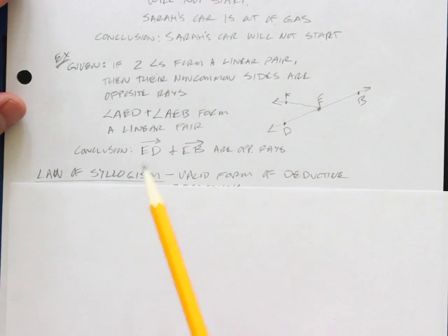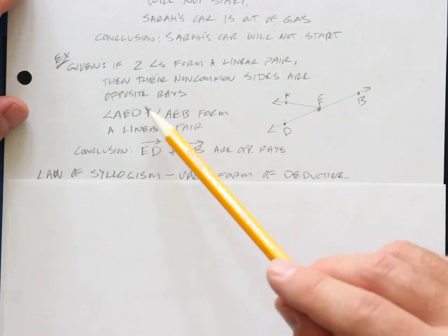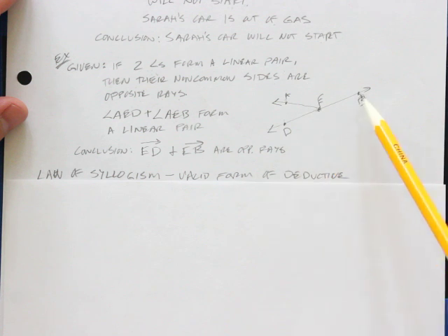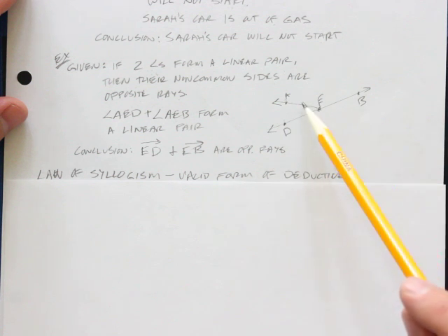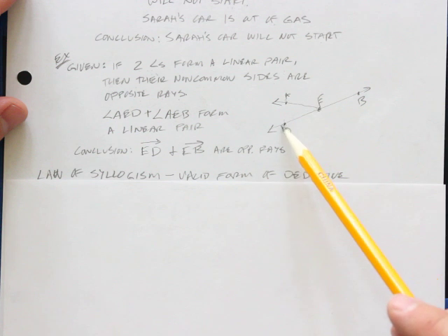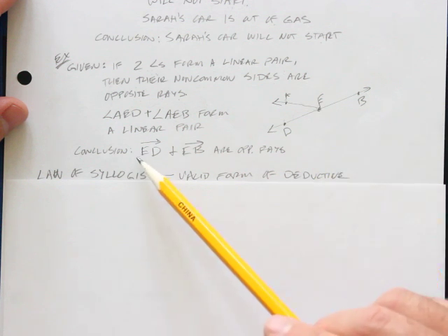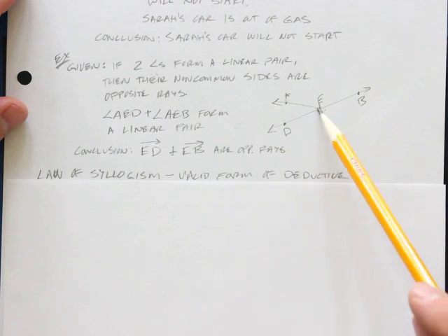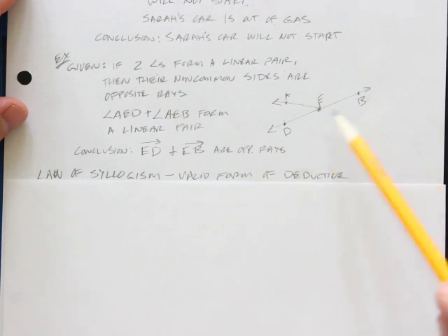So my conclusion is that since these two angles form a linear pair, then their non-common sides, here's one angle here and here's the other angle here, form opposite rays. So ED and EB are opposite rays.